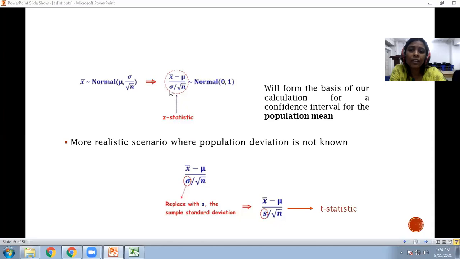That is, your population standard deviation is just replaced with your sample standard deviation, small s. Just changing this one value, you will get your T statistics. So these are the two formulas that you need to know.